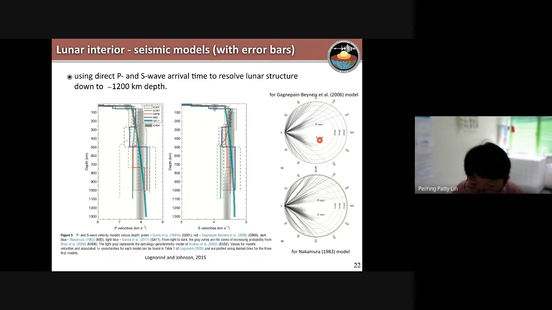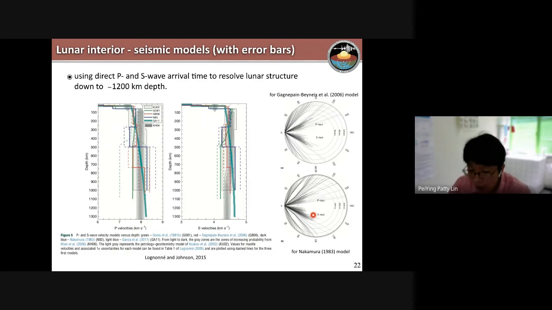The right panel here is a summary of the source-receiver seismic ray paths for two particular models. The upper one shows the ray paths of the P waves, the lower one shows the ray paths of the S waves, for the moonquakes and station layout, and the real data.